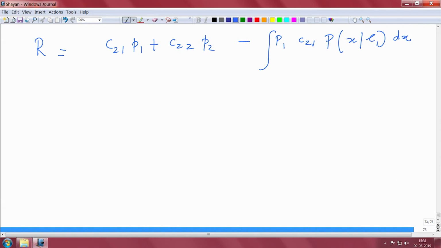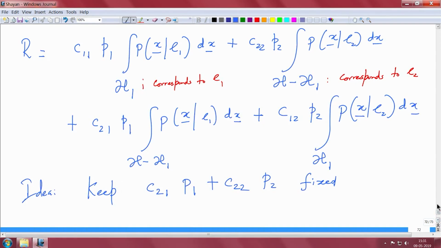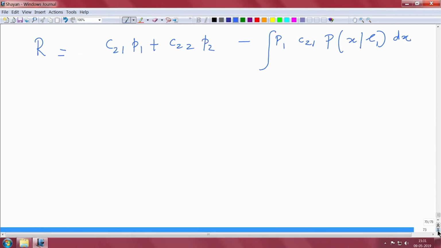Similarly, for C22, we will have to look at that quantity. So, if you go through this equation here, there is a pi which is P2 times C22, and this is integrated over H2. Since we want to express in terms of H1, we will subtract that quantity, which is P2 C22 times the condition on C2 in the H1 space.